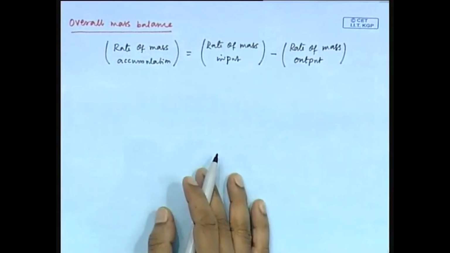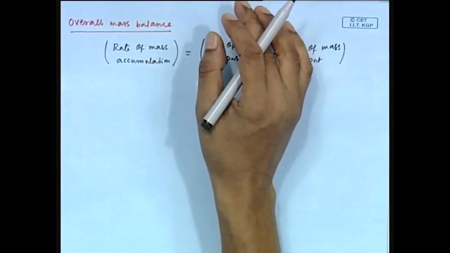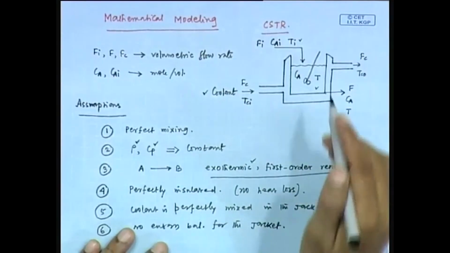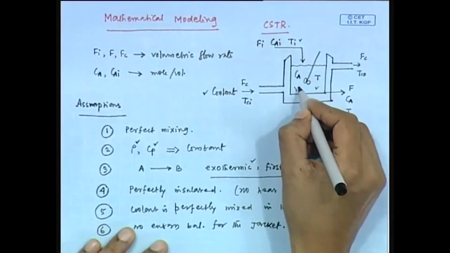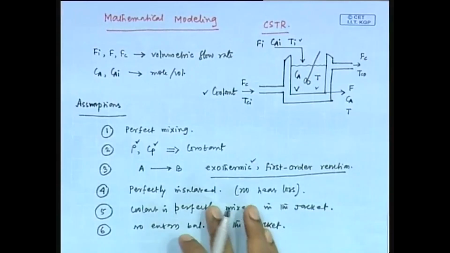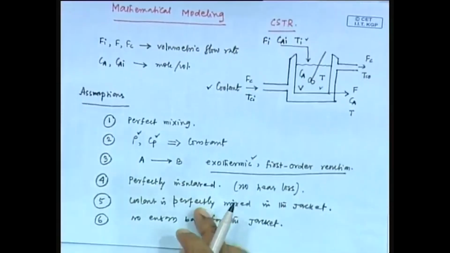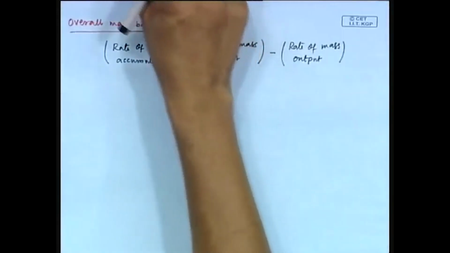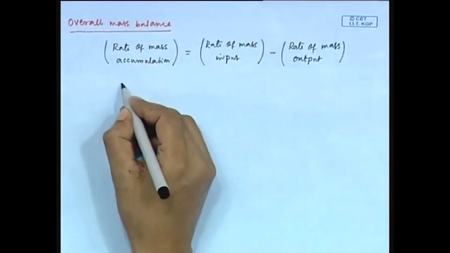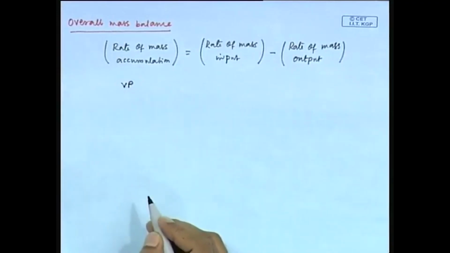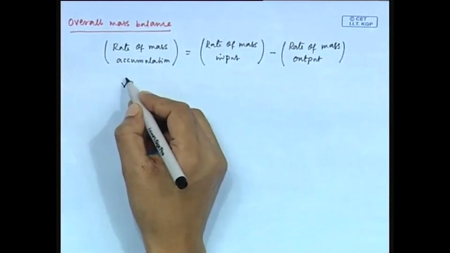See, in this reactor system, consider the volume of the liquid in the reactor is V. Now, if V is the volume, if we multiply with density, this whole term becomes mass.